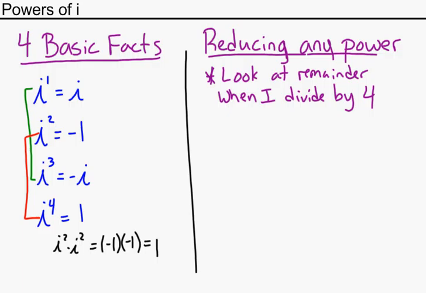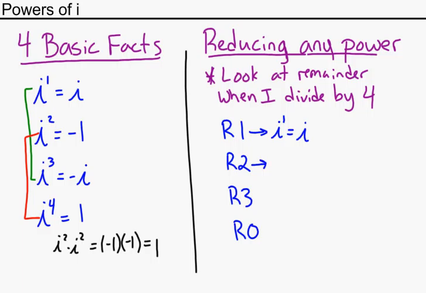Let me show you how. I only have 4 possibilities for my remainder. I could have a remainder of 1, I could have a remainder of 2, I could have a remainder of 3, or I could have a remainder of 0. There's no other option when I divide by 4 as to what my remainder can be. So if I have a remainder of 1, it's going to put it in the same category as i to the first, which is i.